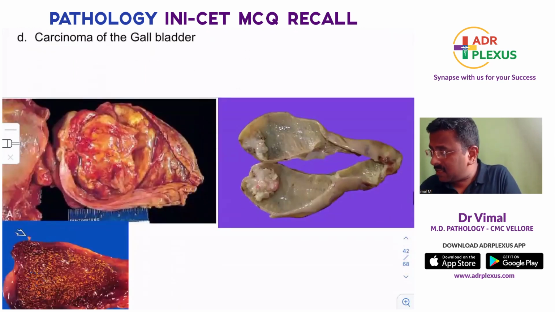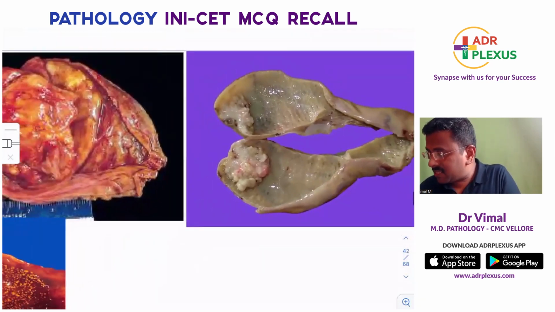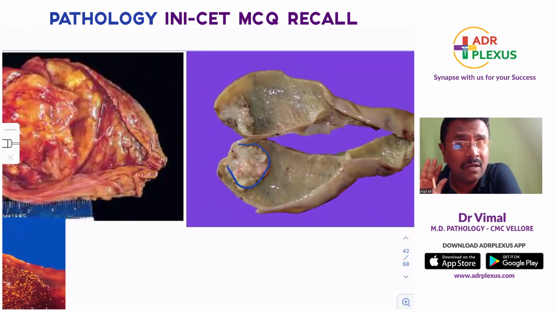A single polypoidal mass suggests a polyp, but polyps can also be multiple, and carcinoma can arise in the background of a polyp. Keep that in mind.